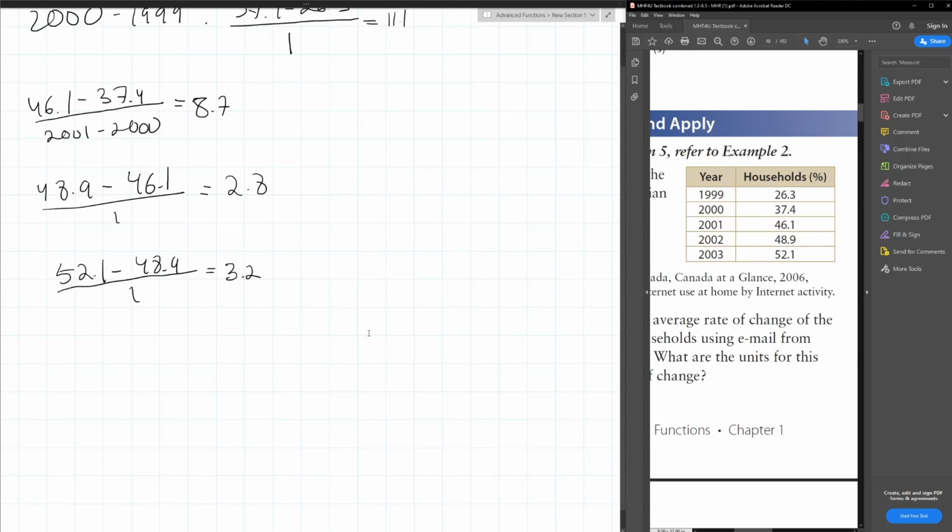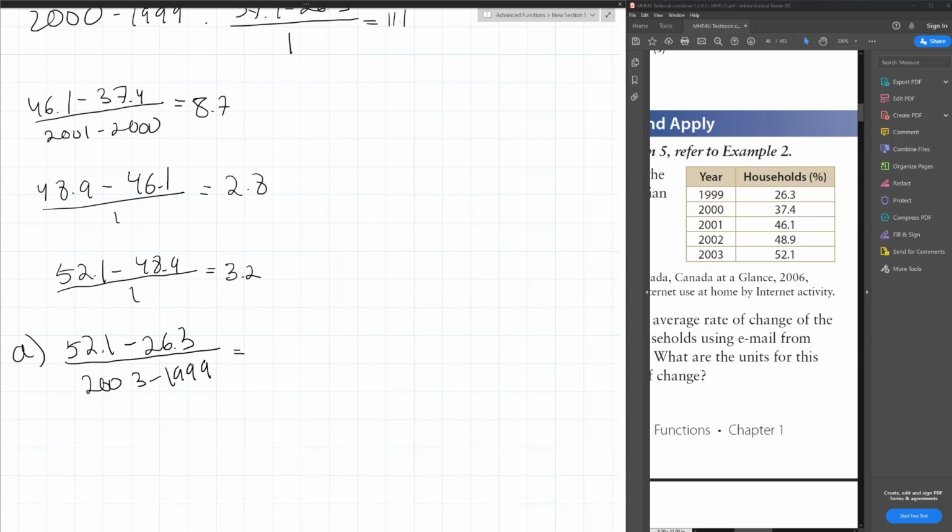Part A. And we had 2052.1 minus 26.3 over 2003 minus 1999, which is equal to 4.5. Okay, so that's what we had here.